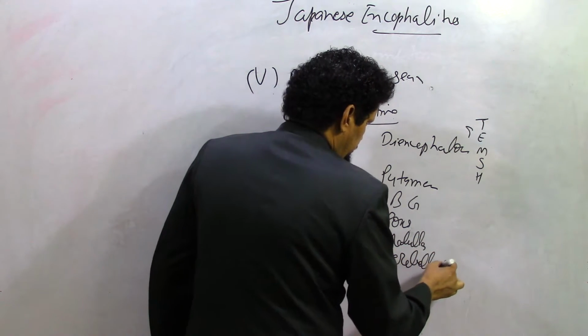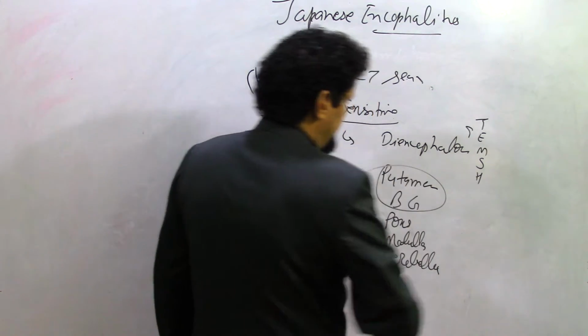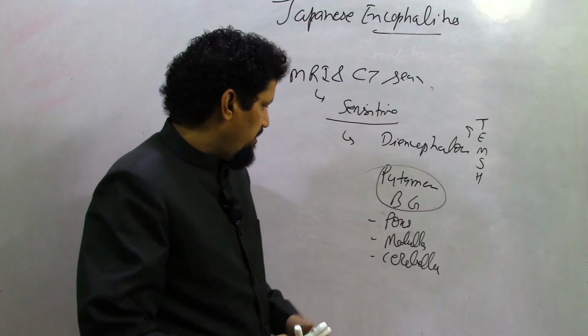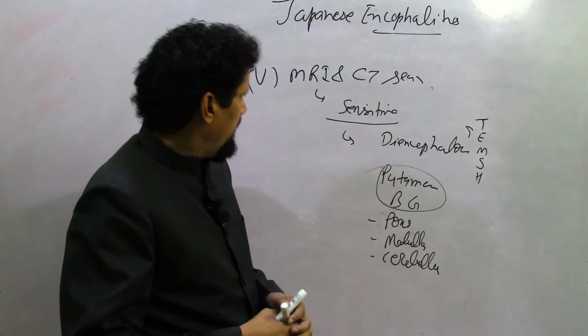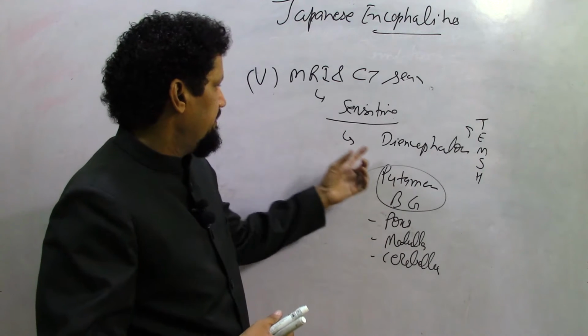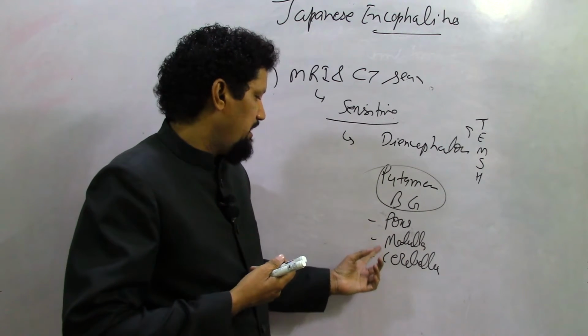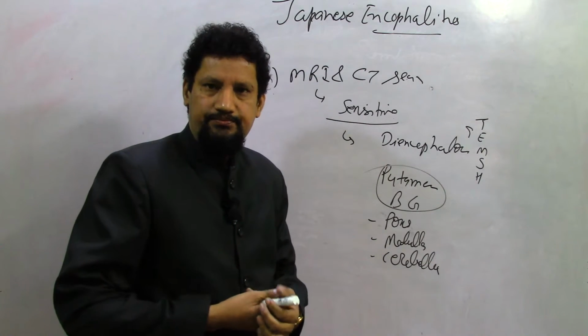These are the deep nuclei of the cerebrum. So density changes in diencephalon, putamen, basal ganglia, pons, medulla, and cerebellum.